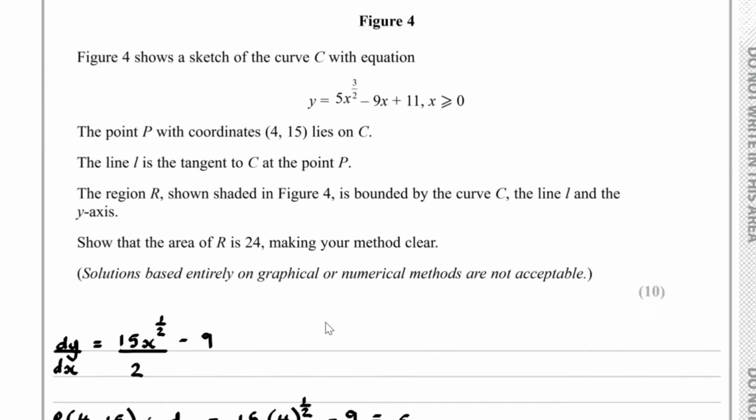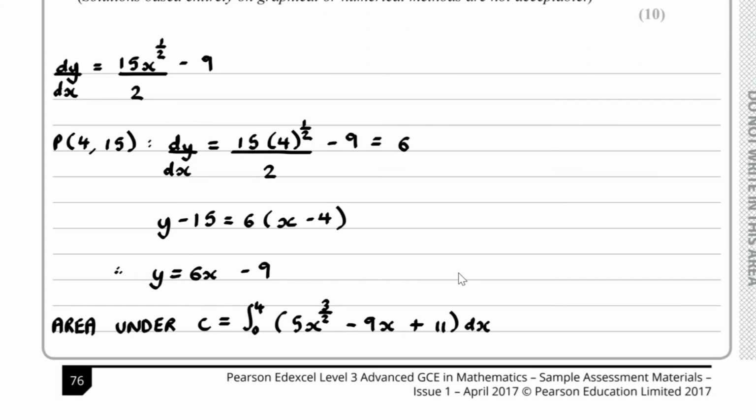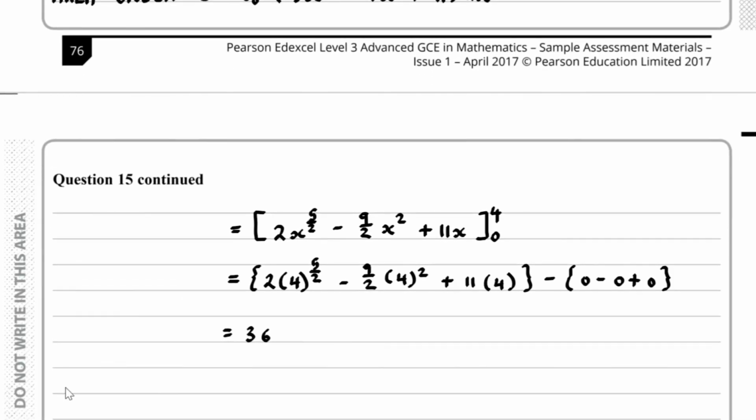Now I can also find out the area under L between 0 and 4. So the area under L, that will equal the integral from 0 to 4 of 6x minus 9 dx.